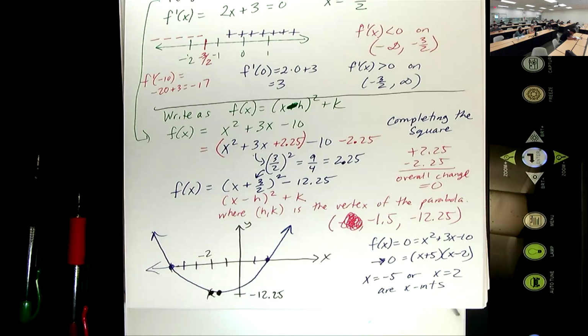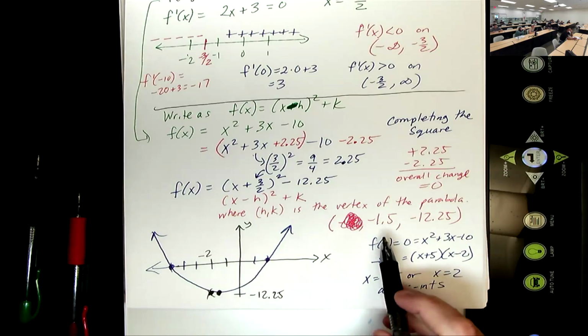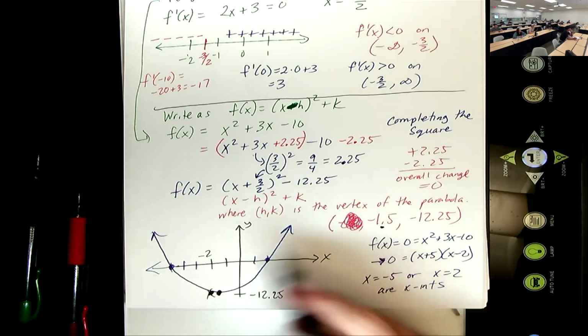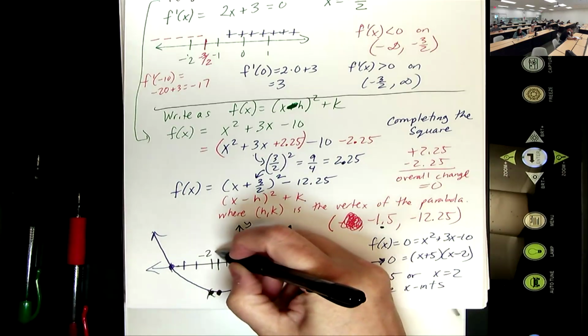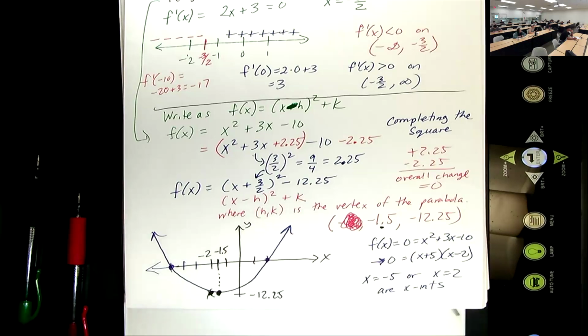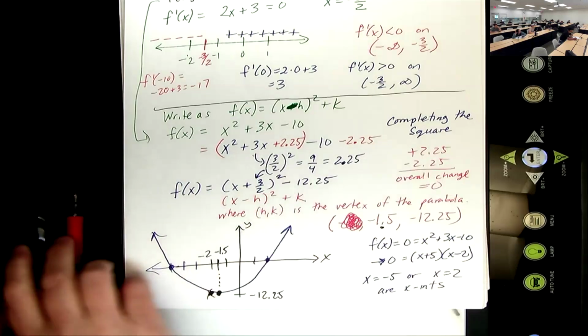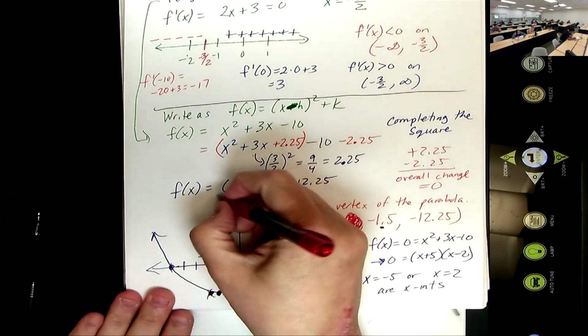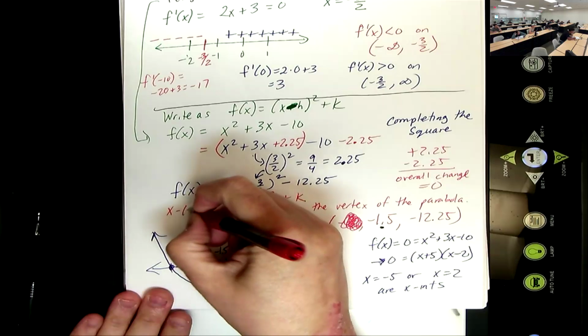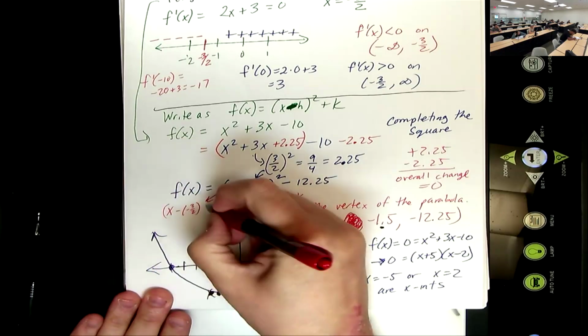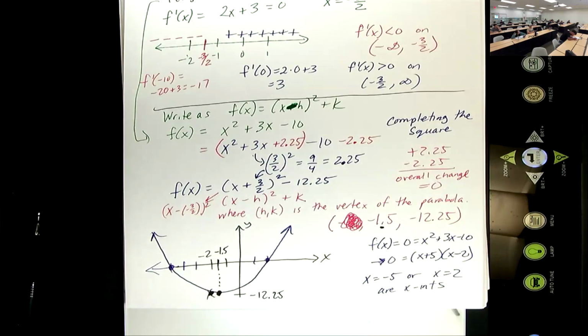We get a -1.5 as a vertex, like right there, -1.5, because it's supposed to be a negative h. Yes. Another way of writing that is x minus -3/2, and we're trying to make it look like x minus h.